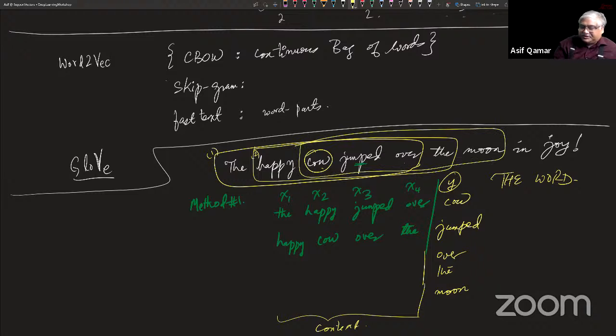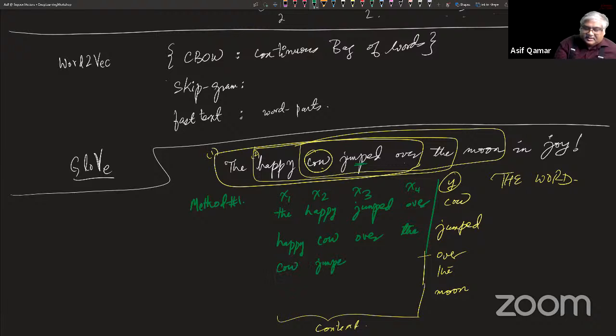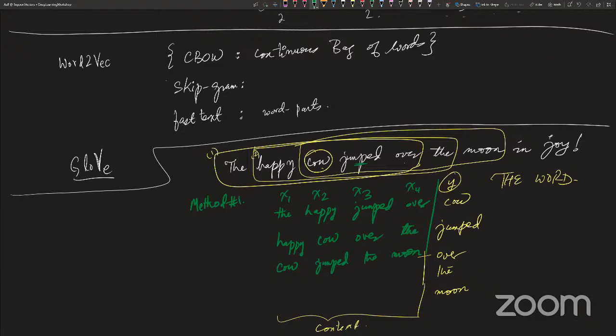Could you guys tell me what should be the words for over? What should be the context? Cow jumped the moon. Cow jumped, great. Jumped the moon. Now look at this problem. And so you can keep going on.